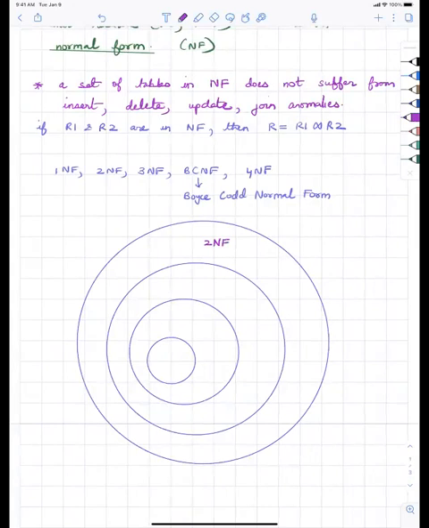Third normal form is stronger than second normal form. So if a table is in third normal form, then it's also in second normal form. And then you have Boyce-Codd normal form. If a table is in Boyce-Codd normal form, then it's in first, second, and third normal form. And then finally, you have the 4th normal form.